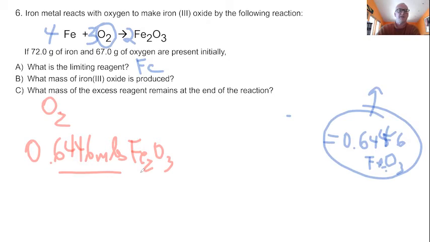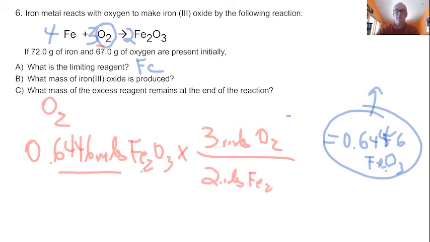How much oxygen was consumed? Well, what's the ratio between the product and the reactant? I want moles of reactant. So again, I just go backwards this time. Now I want moles of O2. And so it's 3 moles of O2 for every 2 moles of Fe2O3.